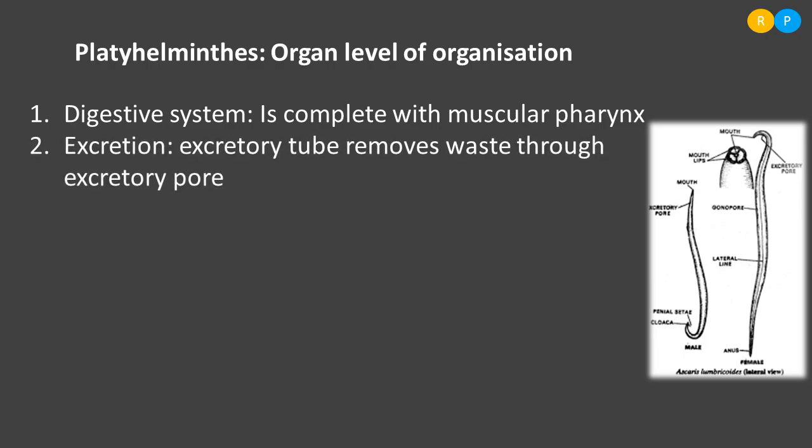And if you come to the excretion, excretion takes place with the help of a primitive type of excretory system. So here we can see the presence of an excretory tube. This helps in removal of waste through the excretory pore. You can see in the diagram that it is present in the anterior region just below the mouth on the ventral region.